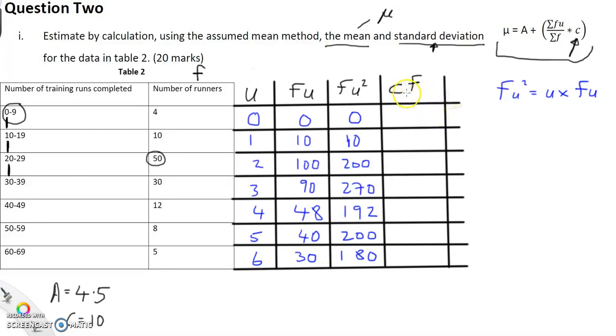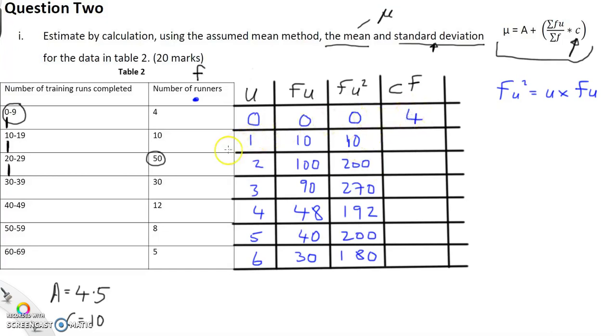The next column we're going to look at is the cumulative frequency column. To make this column, we look at our frequency column, and 4 gets copied across, and now we've started.